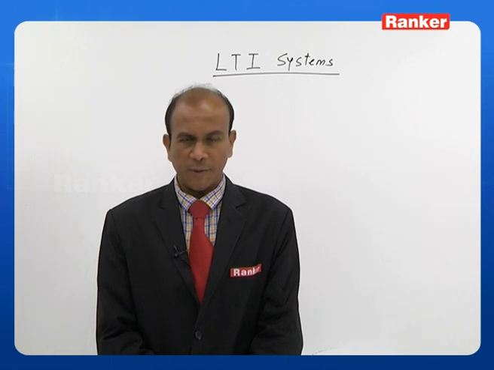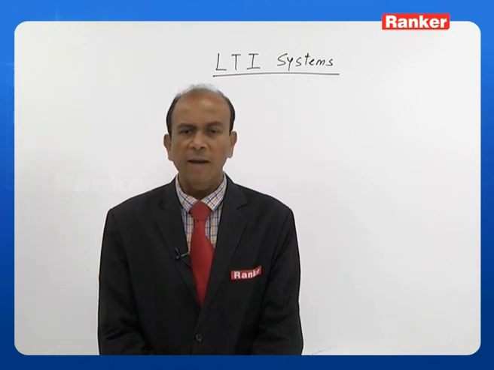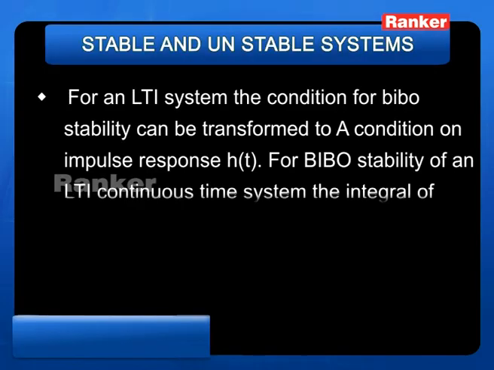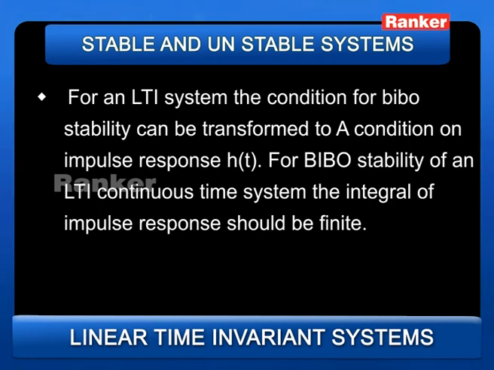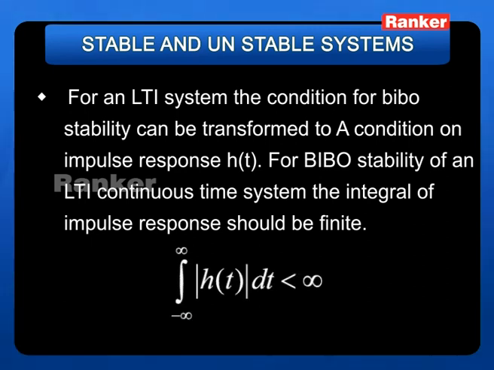Now, what is the condition for a system to be BIBO, that is bounded input bounded output, for an LTI system? For an LTI system, the condition for BIBO stability can be transformed to a condition on the impulse response h of t. For BIBO stability of an LTI continuous time system, the integral of the impulse response should be finite. That means when you integrate h of t dt between minus infinity and plus infinity, that value should be less than infinity.